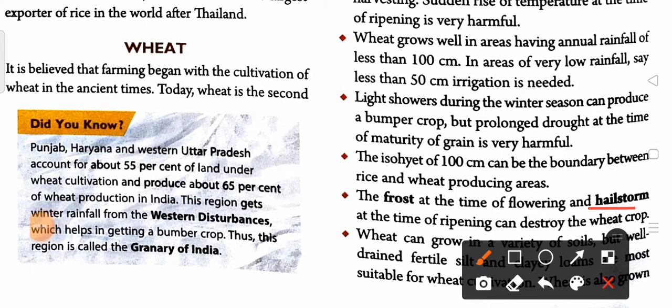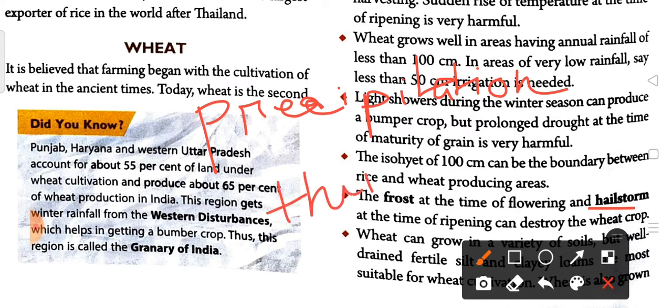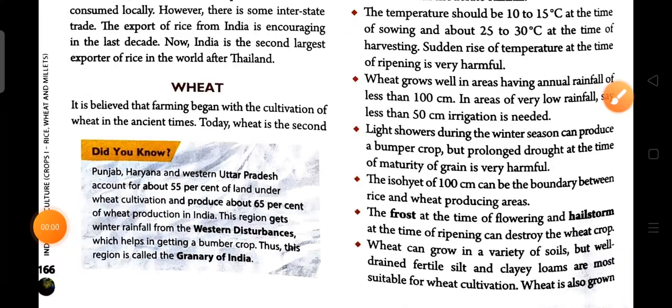What is a hailstorm? Hail is a form of precipitation that consists of solid ice that forms in a thunderstorm. In this way a hailstorm occurs, which damages the wheat crop.